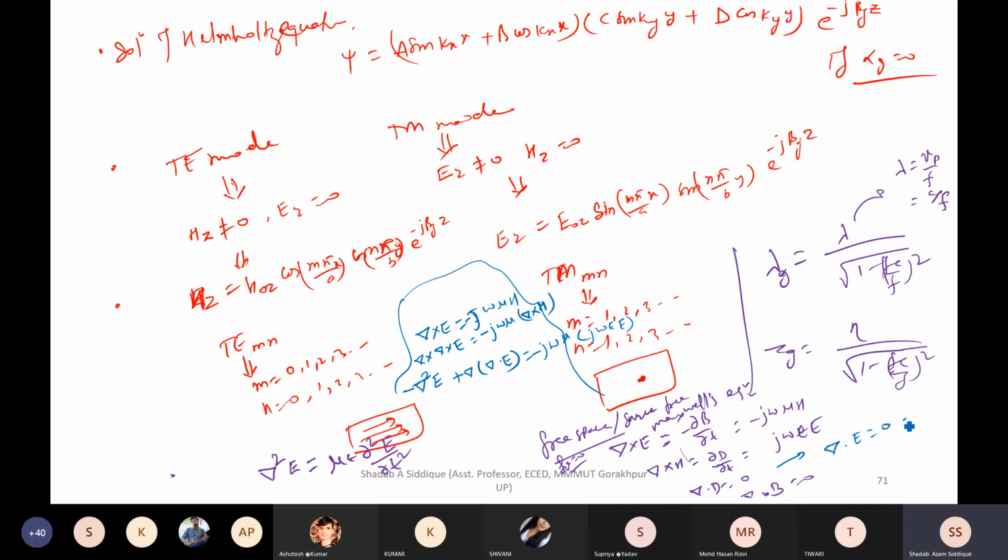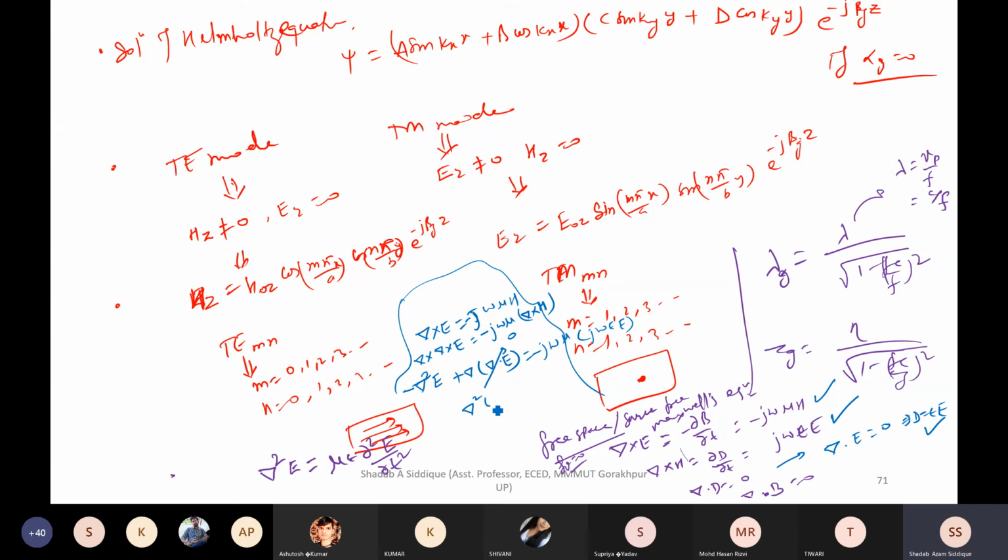So we have used the curl E equation, we have just now used the curl H equation, and we have used the divergence of E.